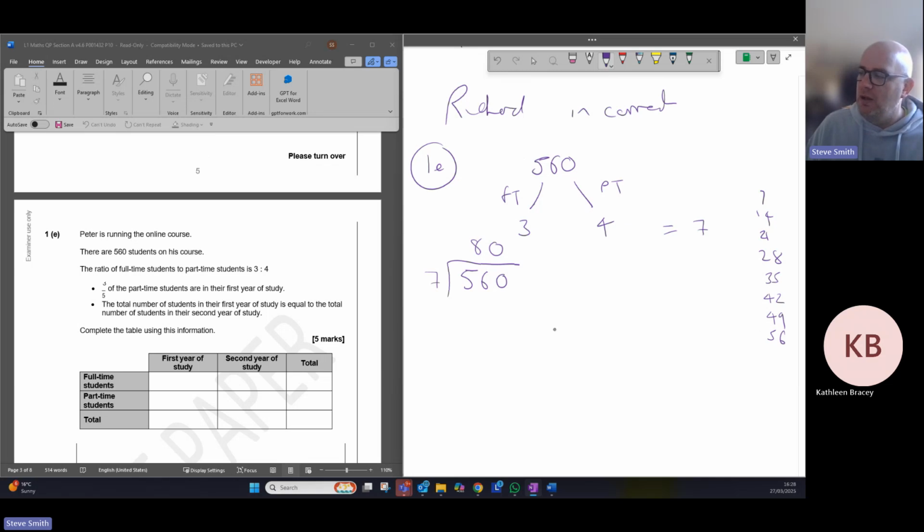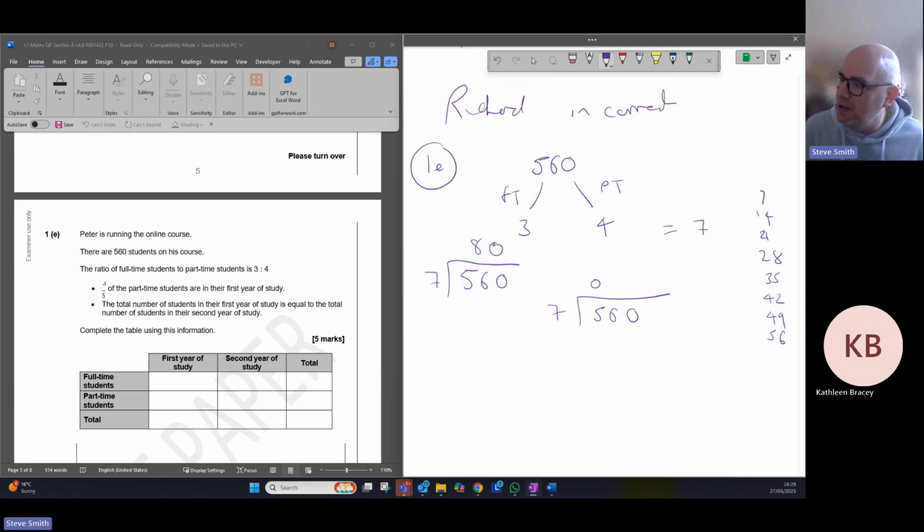If we didn't write that down, then we do exactly the same thing, but we do the bus stop method in full. 7's into 5, don't go. 7's into 56, so we do that stage now because we don't have the 0. 7's into 56, we go 7, 14, 21, 28, 35, 42, 49, 56.